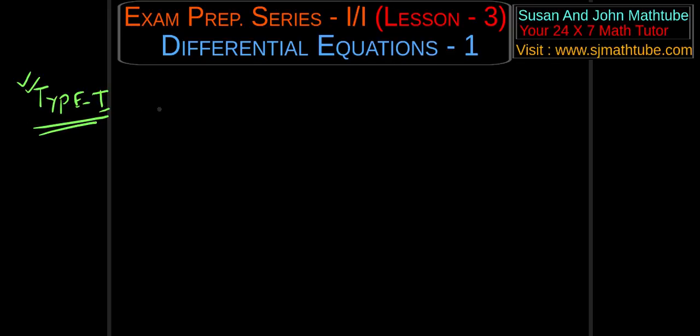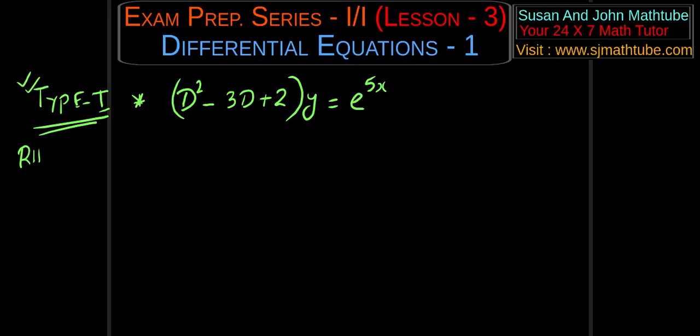So the question is, solve the differential equation (D square minus 3D plus 2) of y is equal to e to the power 5x. So look at this. In type 1, the right hand side will be an exponential function, or it will be connected to an exponential function.